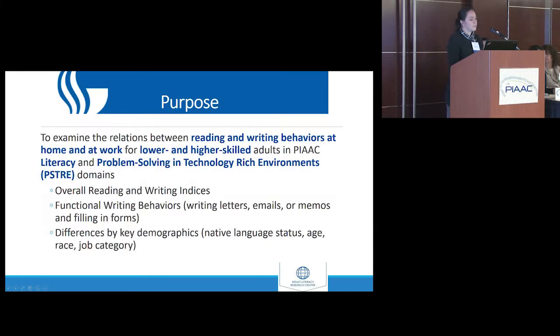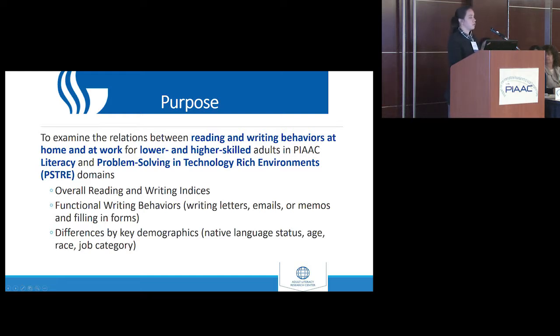The general purpose was to examine the relations between reading and writing behaviors, both at home and at work, for lower and higher skilled adults on the literacy and PSTRE domains. Specifically, I'm going to talk a little bit about just overall associations between those derived indices. And then we were particularly interested in low-skilled adults. And so we have a couple functional writing behaviors.